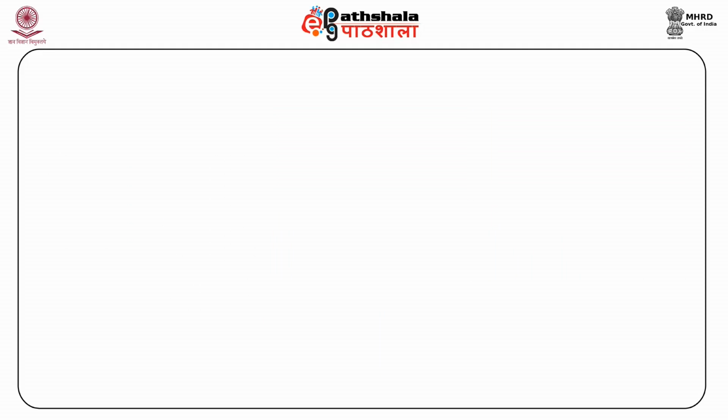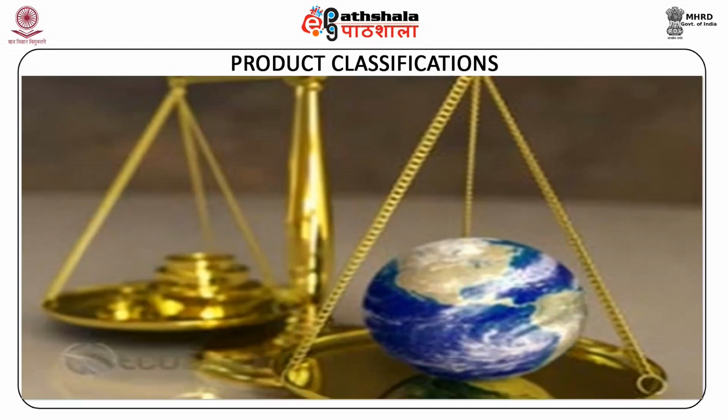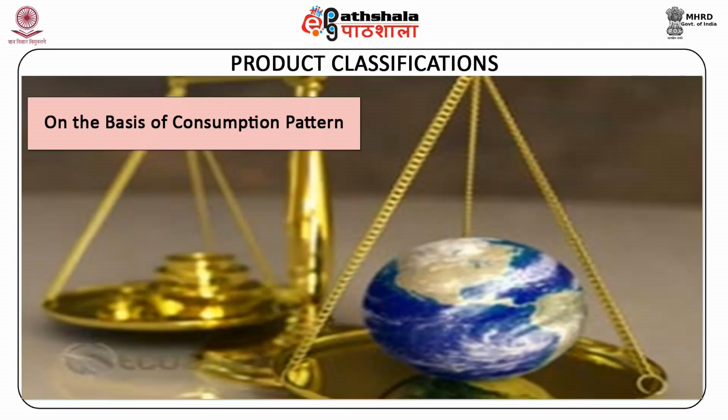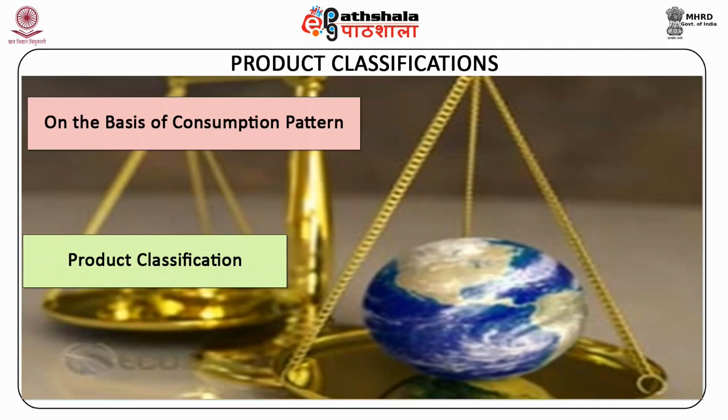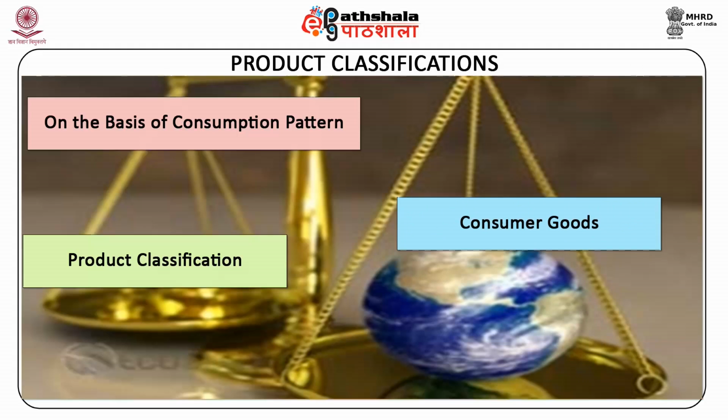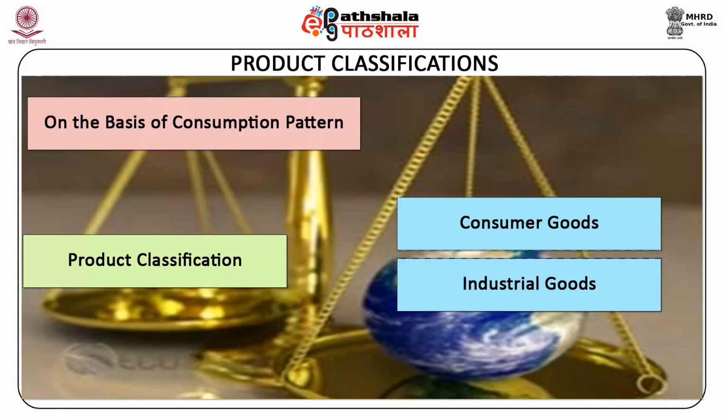Next, we will discuss product classification on the basis of consumption pattern. The products can also be classified on the basis of type of consumer and purpose for which the products are being consumed. In such cases, they fall in two categories: consumer goods and industrial goods.